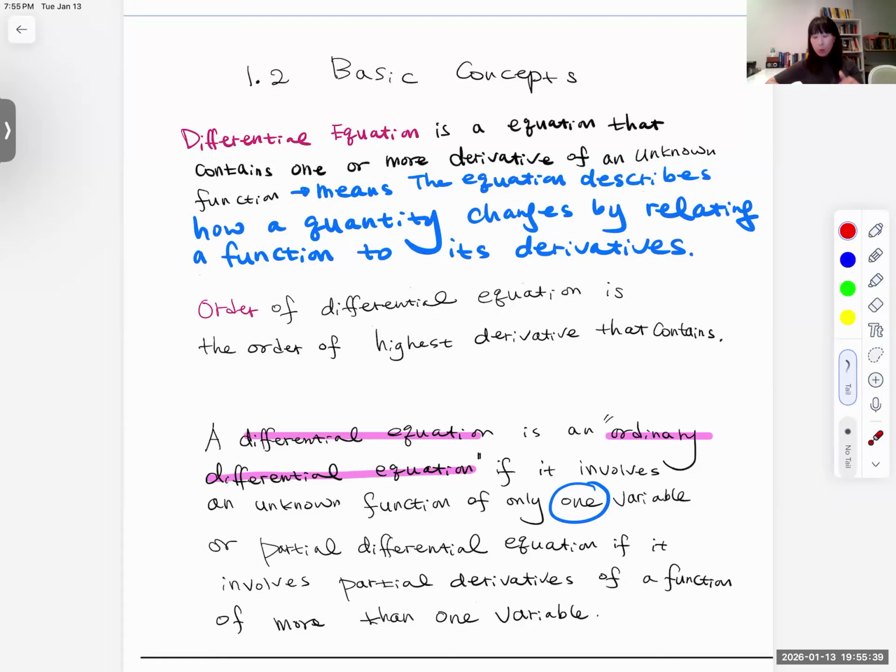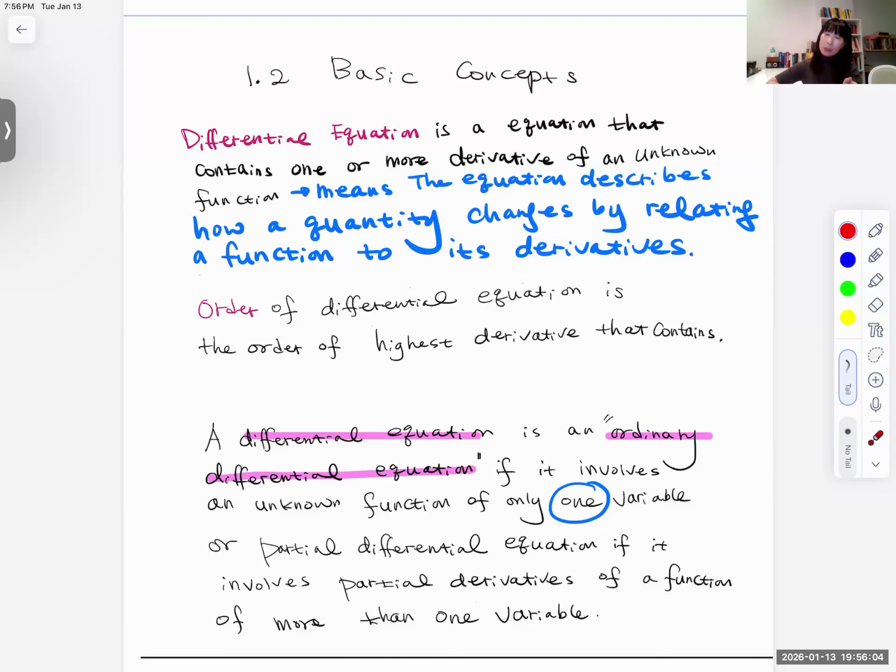Okay, then we have another terminology, order. So what is order? The order of a differential equation is the order of the highest derivative that it contains. So we read how many orders, is it first or second? We talk about the derivative, right?